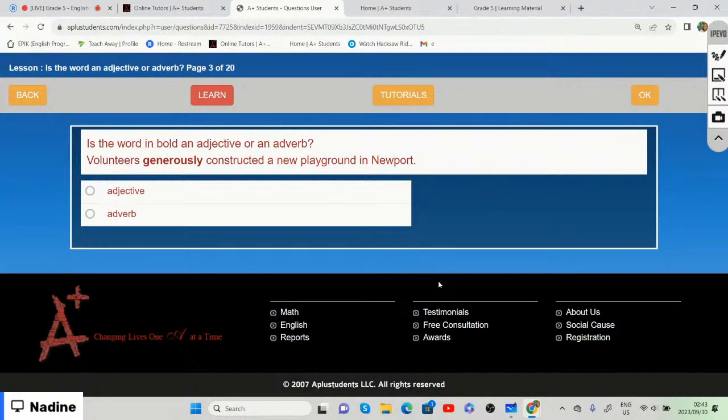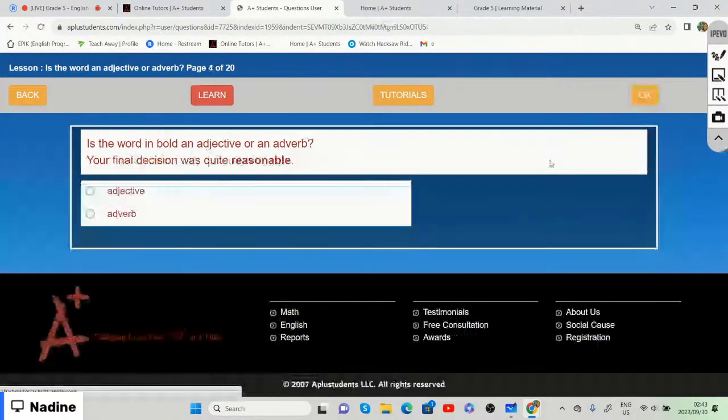So if they are constructing, meaning that they are doing something, it is telling us about the verb, so it is an adverb. Generously constructed a new playground in Newport.